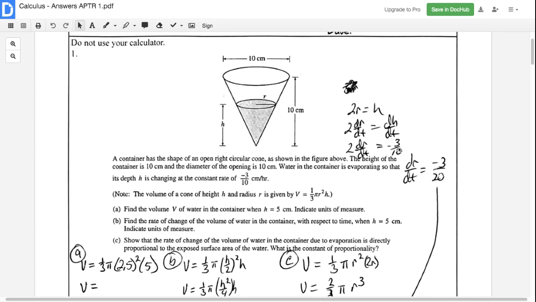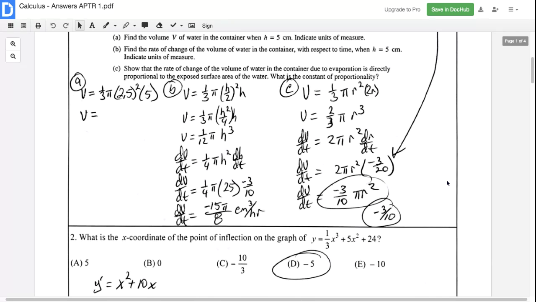I plug -3/10 in for dh/dt. I divide by 2. That gives me dr/dt is -3/20. So I plug -3/20 in here. I multiply by 2. That gives me -3/10. So here's my pi r squared, and this is the coefficient. The coefficient is going to be my constant of proportionality. So -3/10 is what we're looking for.